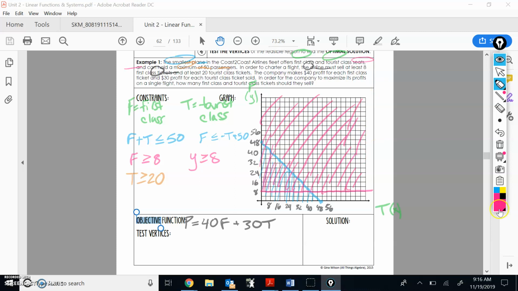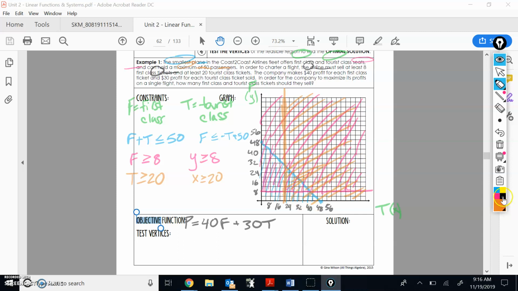And then in orange, T, which is a vertical line, so it's x greater than or equal to 20. 20 is in between 16 and 24, so that would be right here, and it's vertical. You're shading greater than that, so it's to the right.